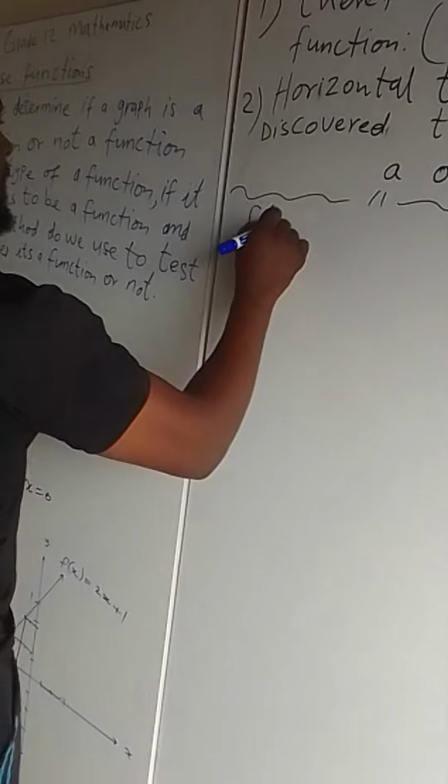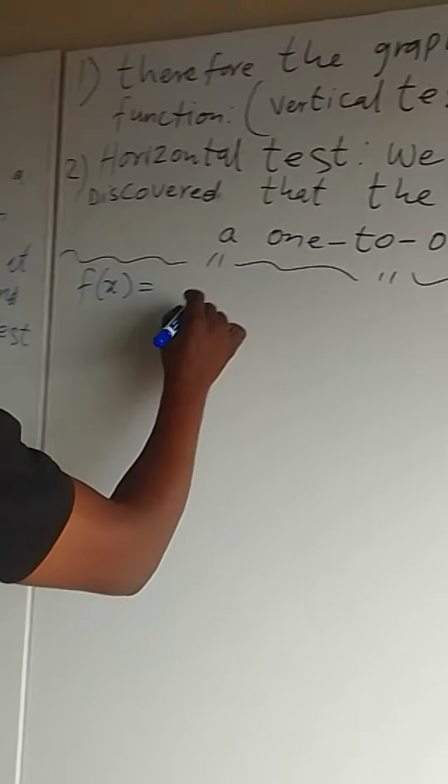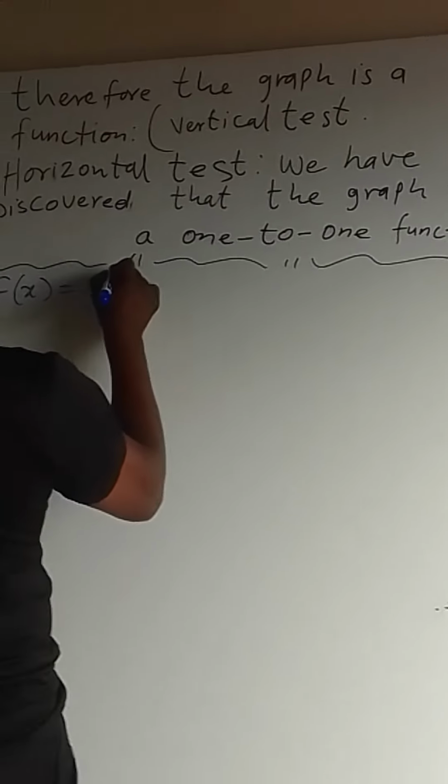Let's go for another function which will yield something other than a 1 to 1 function. We have spoken about the graph of f(x) = x squared.